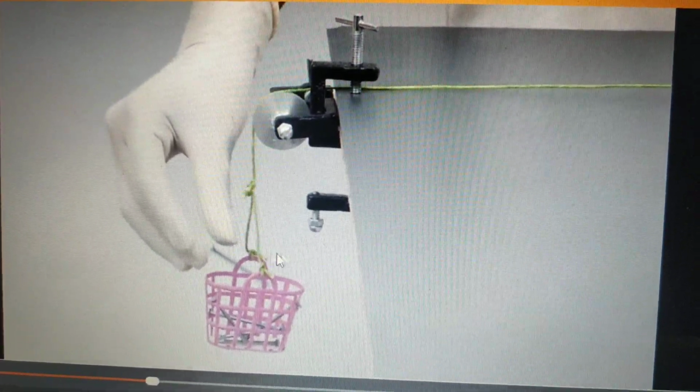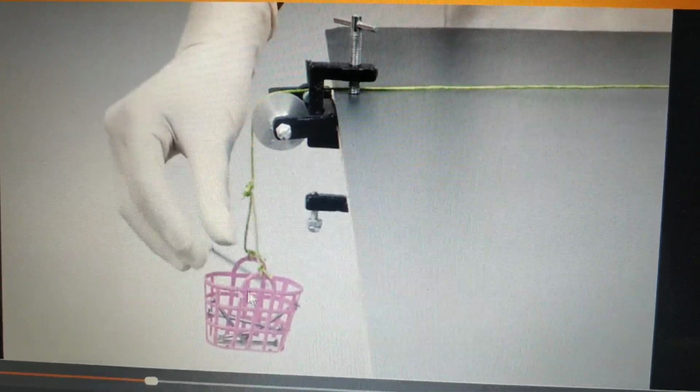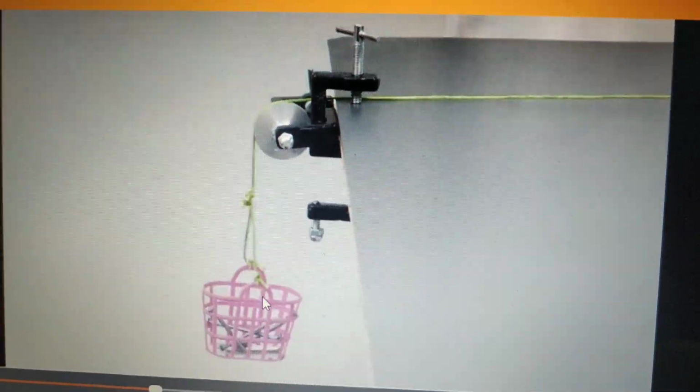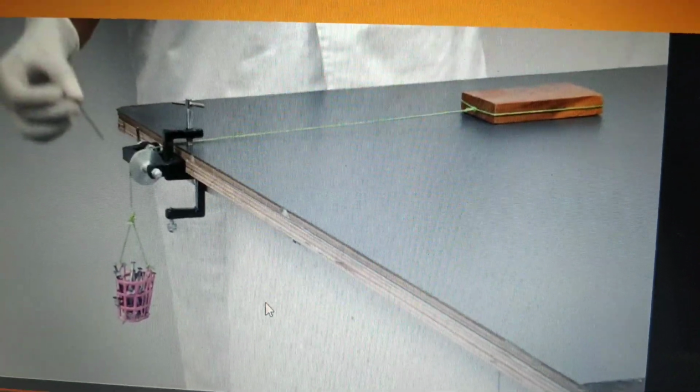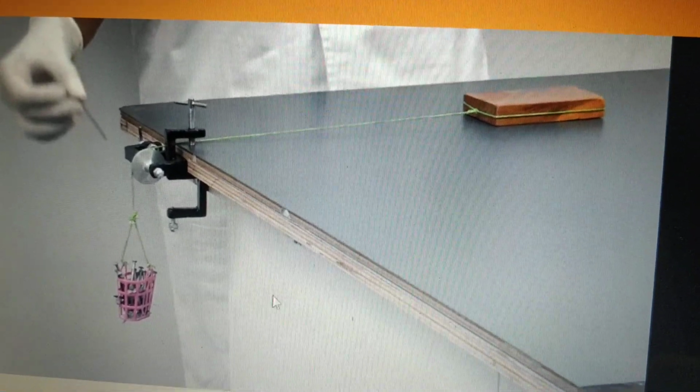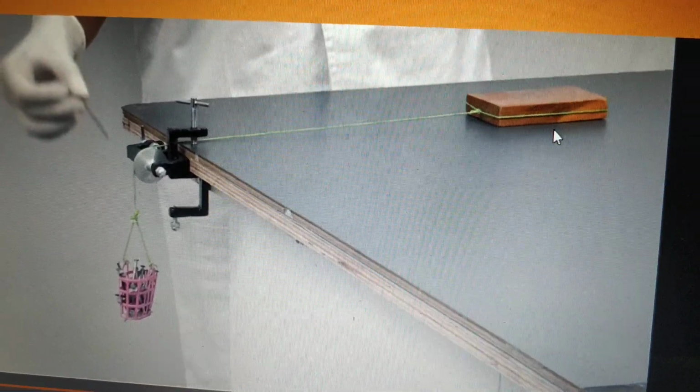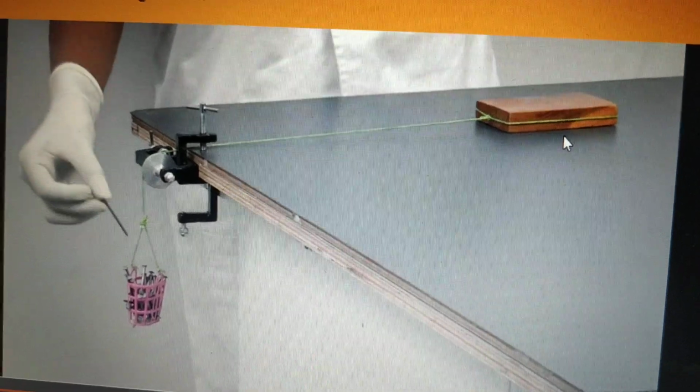Keep one thing in mind: do not touch the basket when you are putting iron nails in it. Just put these iron nails one by one into the basket and observe the wooden block also while you are performing the activity.